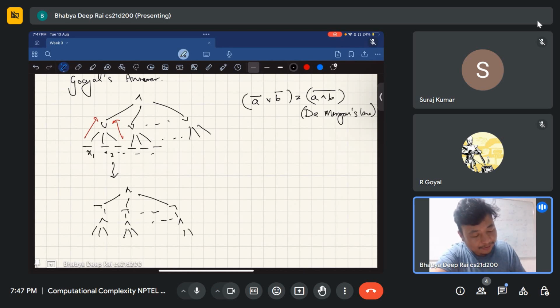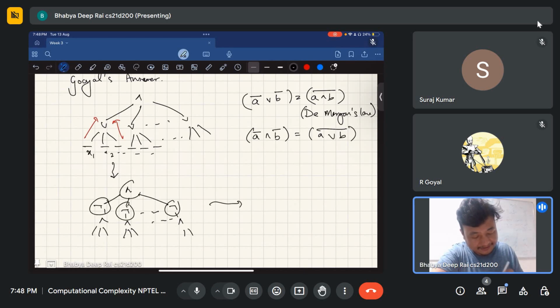And now what do I do? I have an and of negations, and there is a De Morgan's law for ands also. If I have A complement and B complement, then I can convert it to an or with a negation at the top. This is another De Morgan's law.